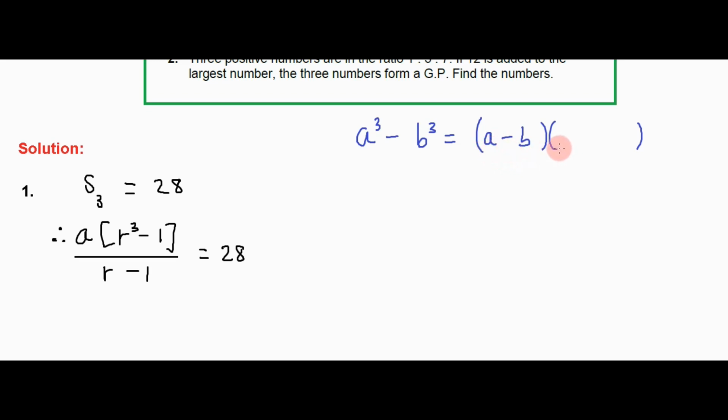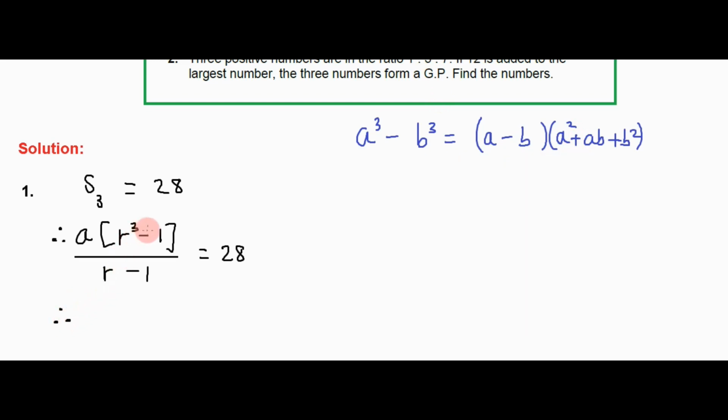Then A times A squared will give A cubed, and negative B times positive B squared will give negative B cubed. Then the middle term in the second set of brackets will be the product of the terms in the first set of brackets, so AB, and then with opposite sign, so with a plus.